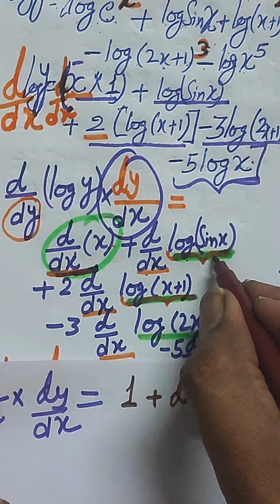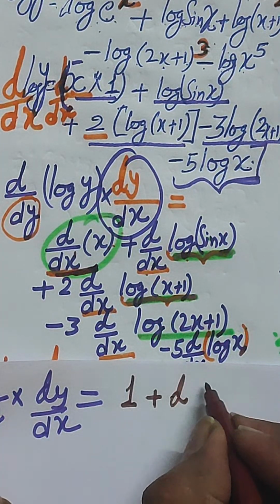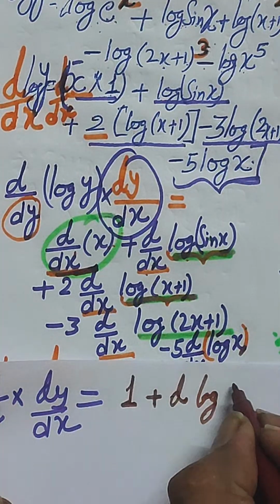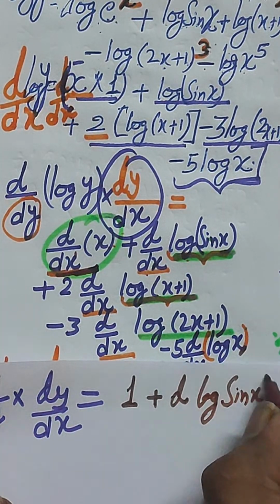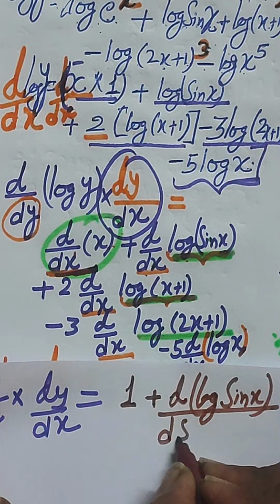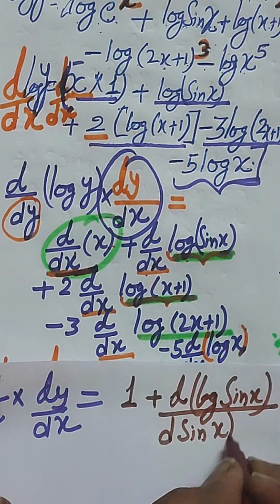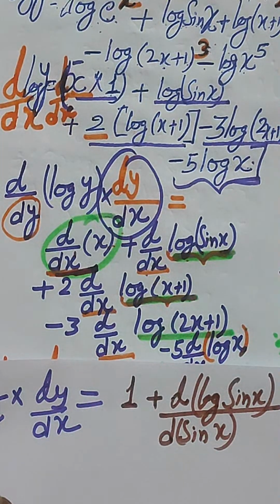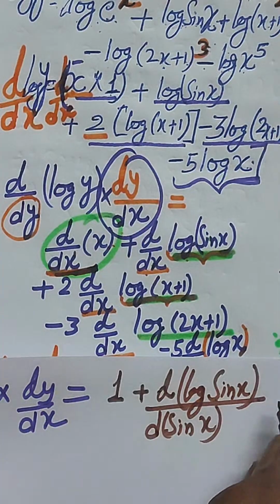So this will not happen. We can differentiate log of sine x with respect to sine x only. So that's why d of sine x is inserted into the denominator. And for this, it needs to be compensated.